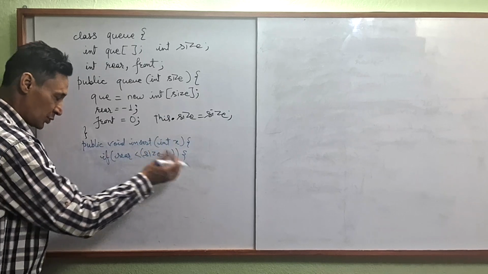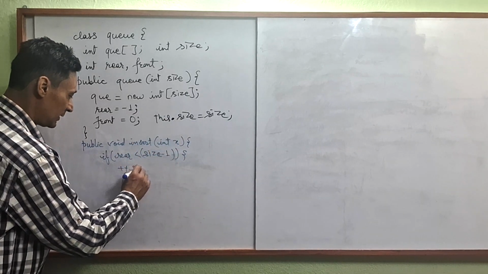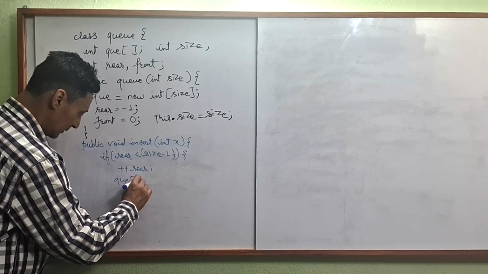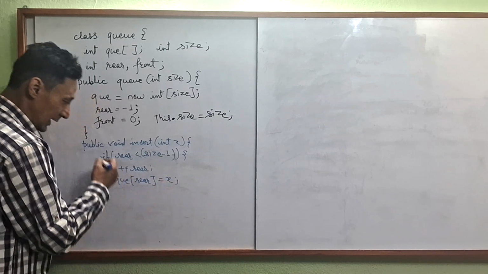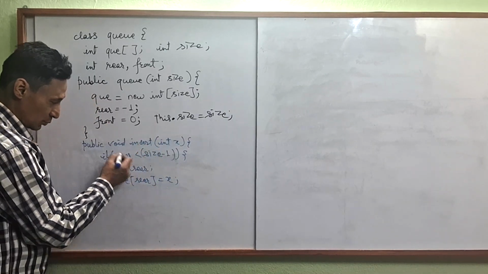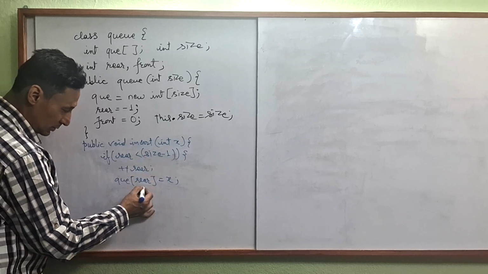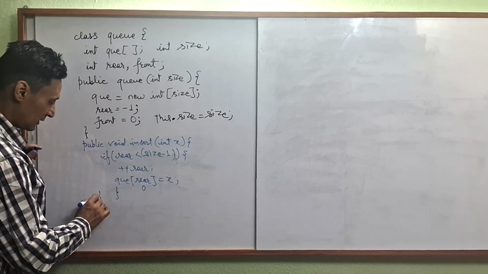If this is true, then we will increment the value of rear by 1, then we'll assign x to this position. Initially rear was -1, so by incrementing rear by 1, it will become 0. That means we are assigning x to the first position of the queue.